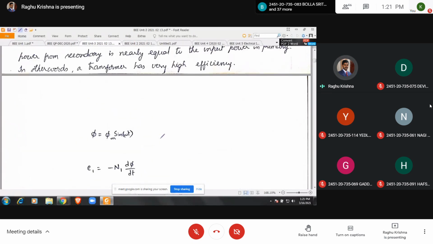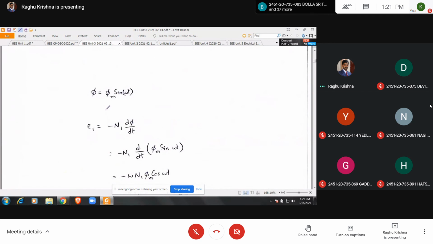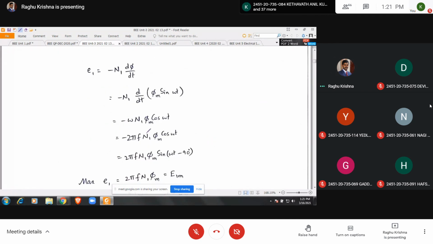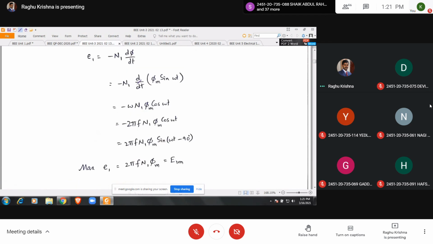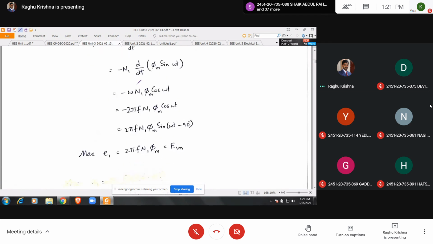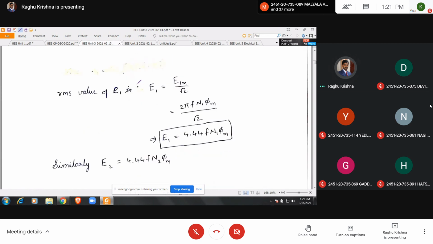So this is the EMF equation. So phi equals phi m sin omega t, E1 equals minus N1 d phi by dt. So as per Lenz's law, the induced EMF is opposite to the cause. So this is the EMF equation of a transformer.